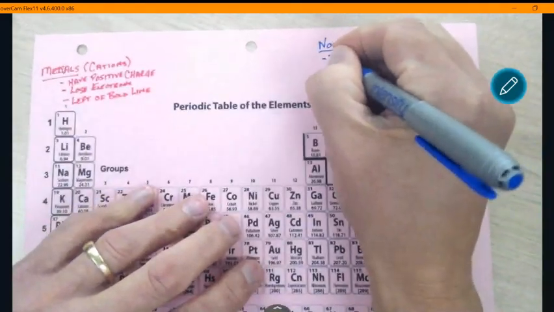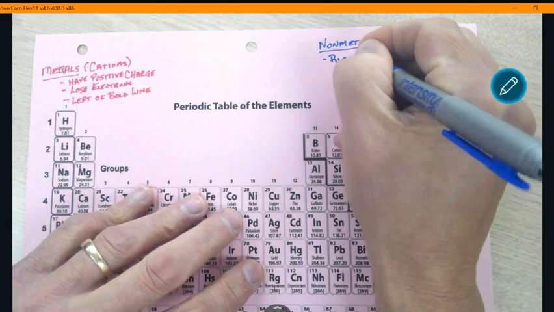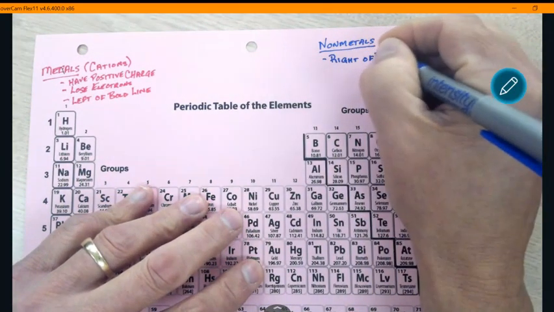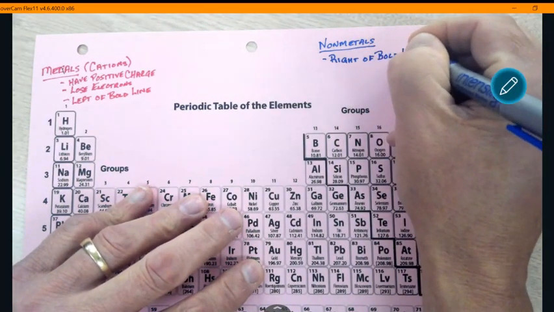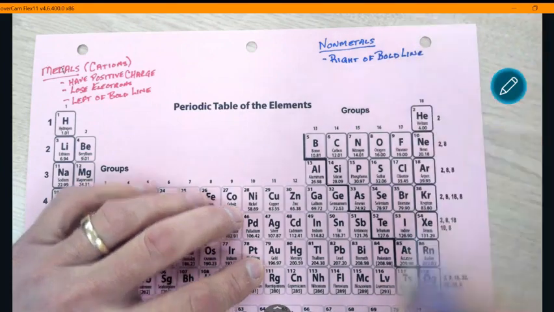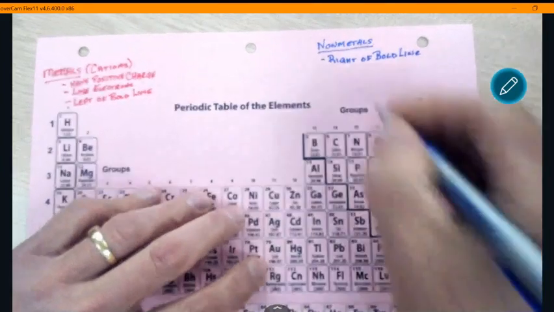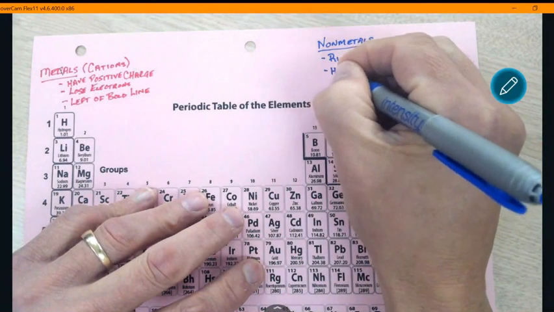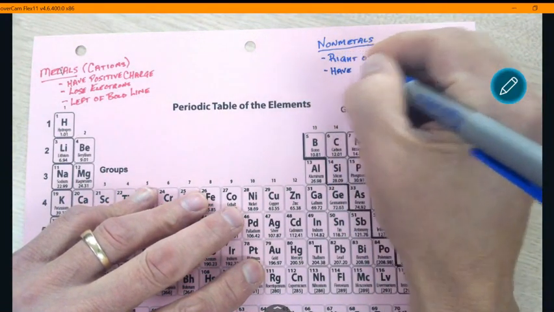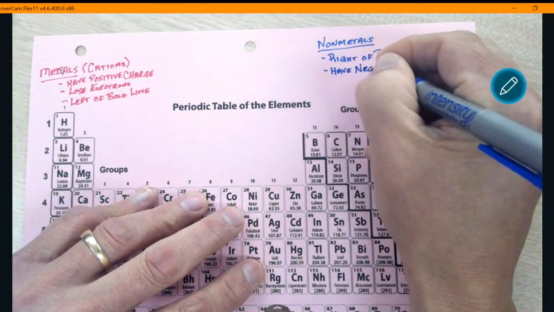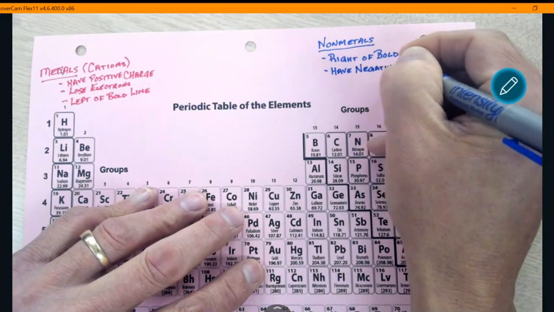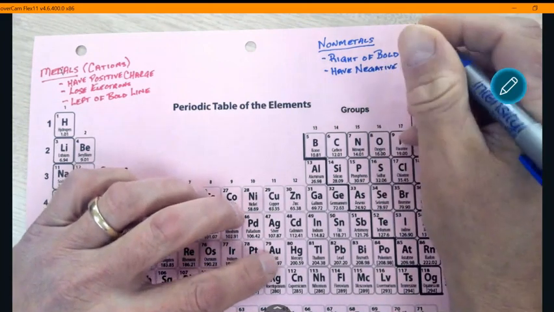Nonmetals are on the right of the bold line. Okay? Nonmetals have a what kind of charge? Have a negative charge.